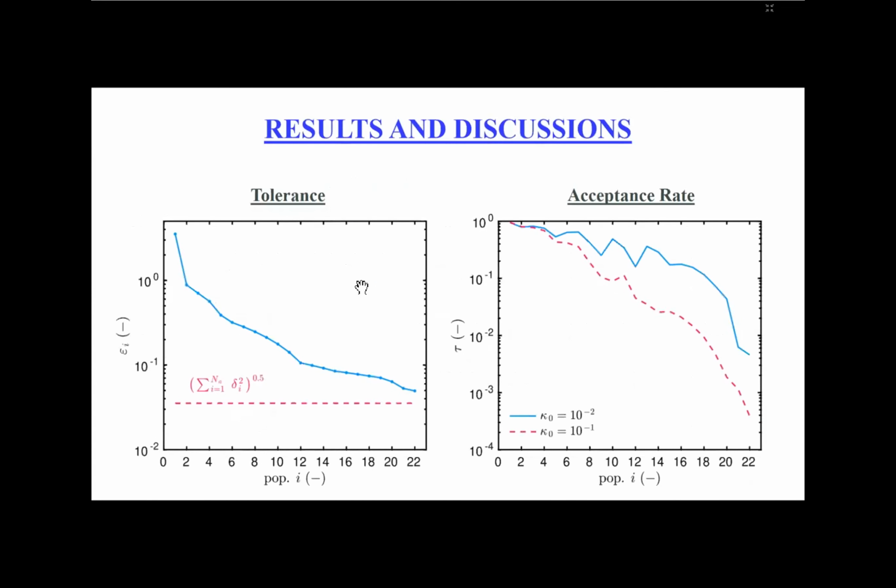This figure shows how the tolerance was varied as the populations evolved. These are the number of populations, while this figure on the right shows the acceptance rate at each population. We see that the acceptance rate decreases with the population, and this is because the tolerances were reduced.